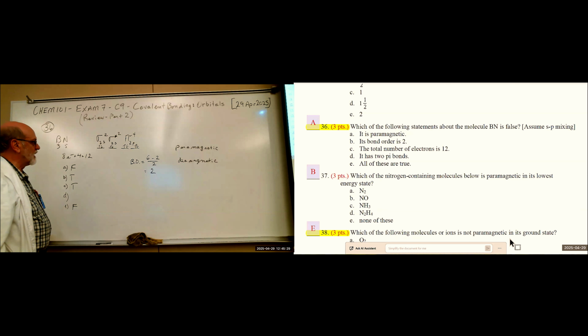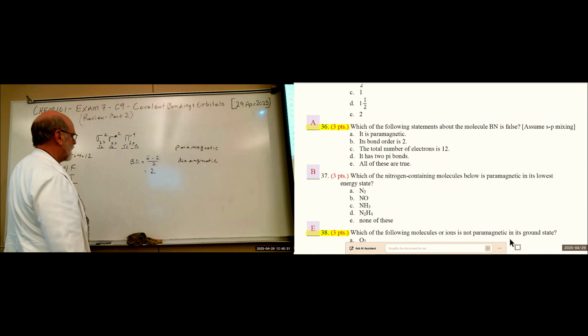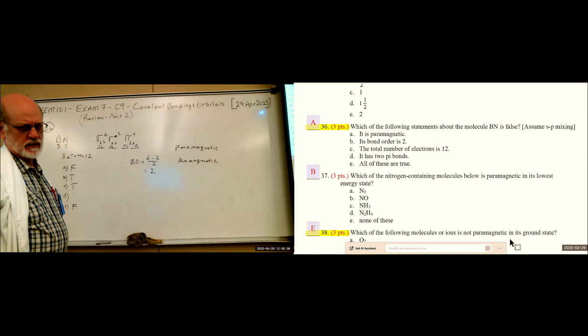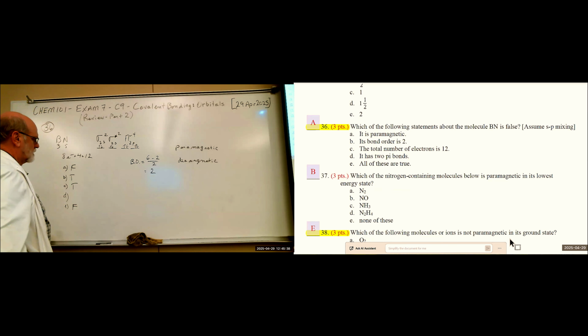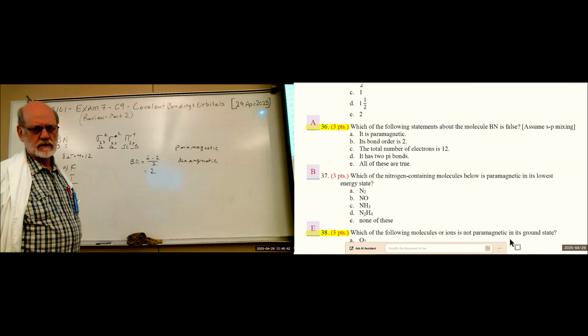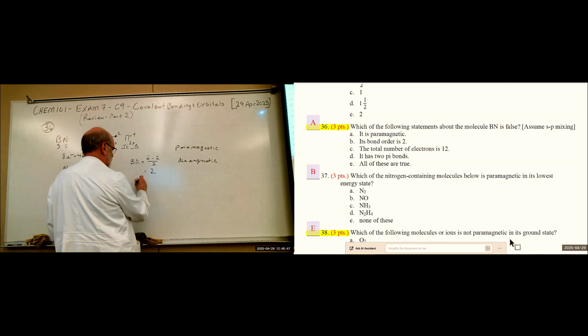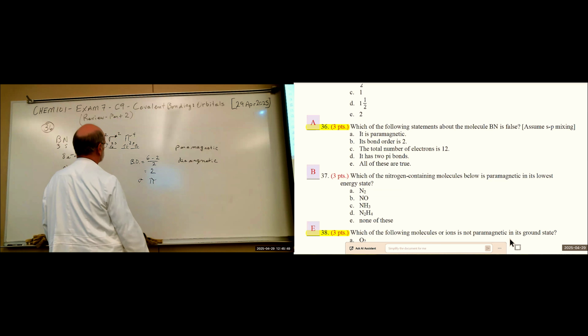And then has 2 pi bonds. Now that's false. Right? Because a bond order of 2 means a sigma and a pi.